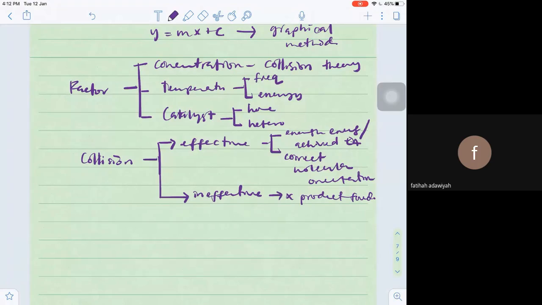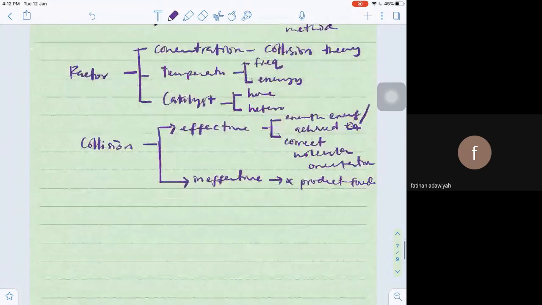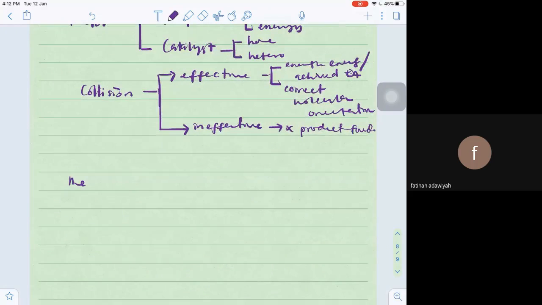Then after we discuss these three factors, concentration, temperature, and catalyst, finally, today we discuss the reaction mechanism. This is the last thing that we discuss.